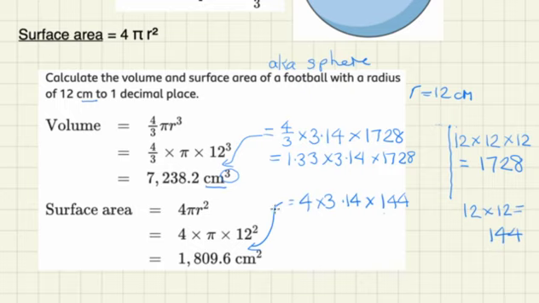So what I would do is play around with this and change the radius to 13 centimetres or reduce it to 10 centimetres or whatever, and see what effect changing the radius by 1 centimetre has on volume and surface area. And you should be quite surprised by the effect of just changing it a little bit. So good luck with all of that.